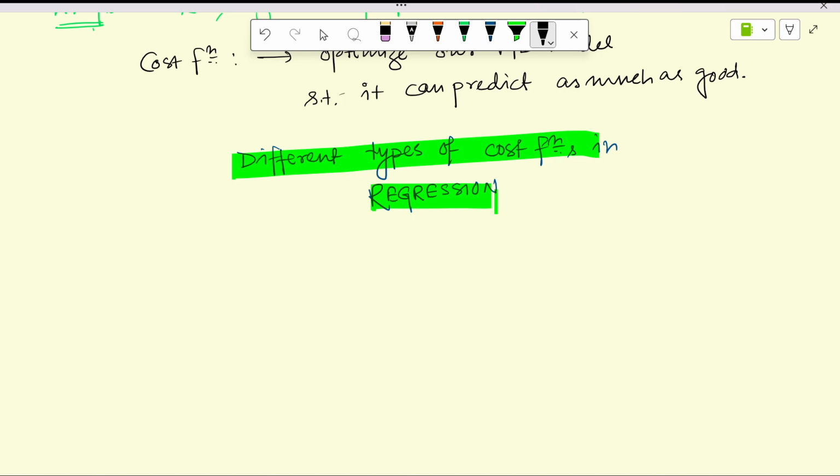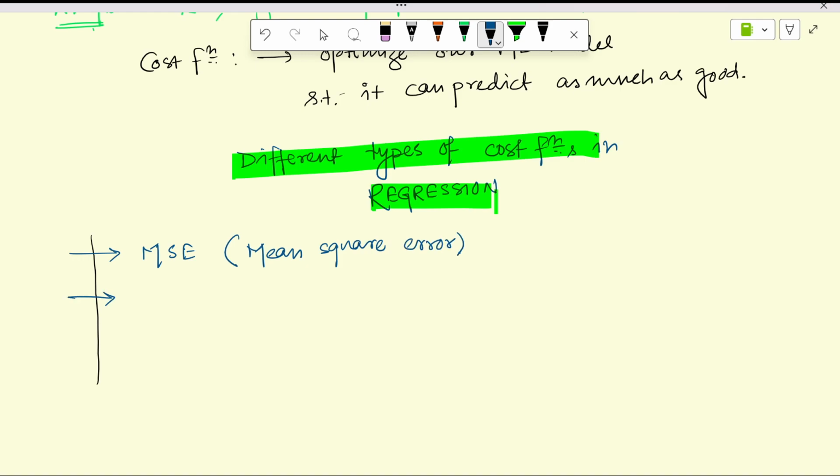So there are fundamentally three types of cost function. First one is called MSE. Maximum machine learning learners or users generally find this MSE. Its full form is mean square error.